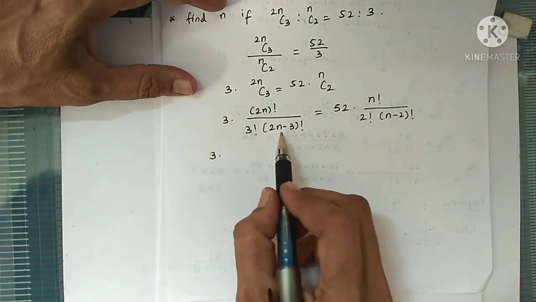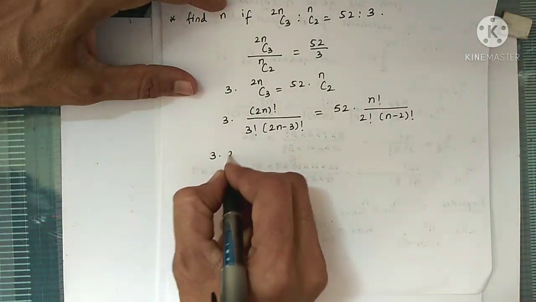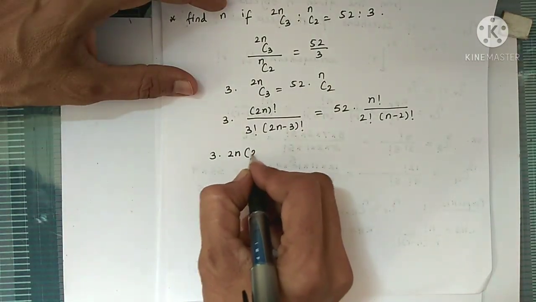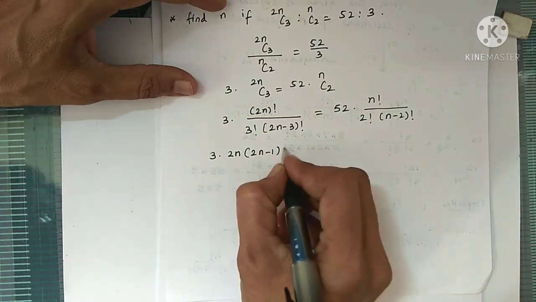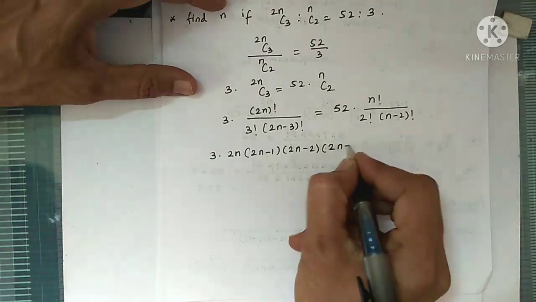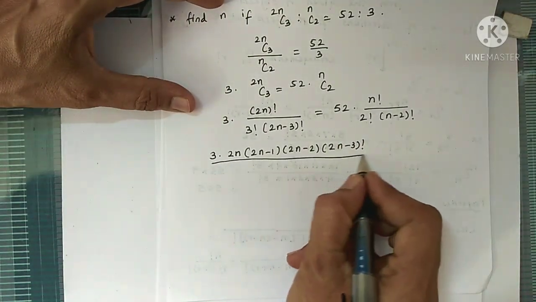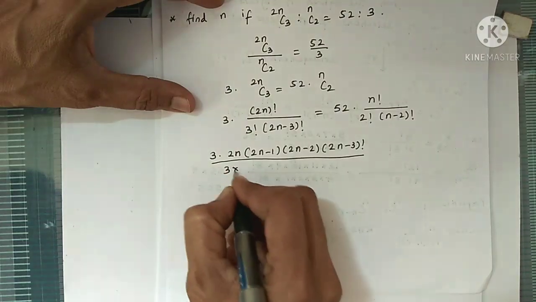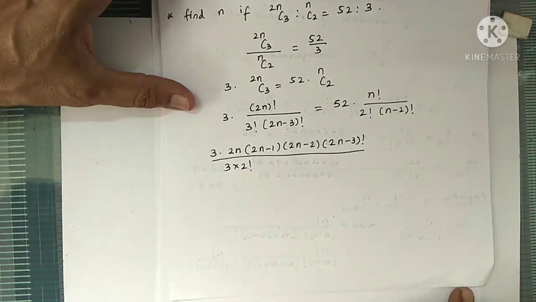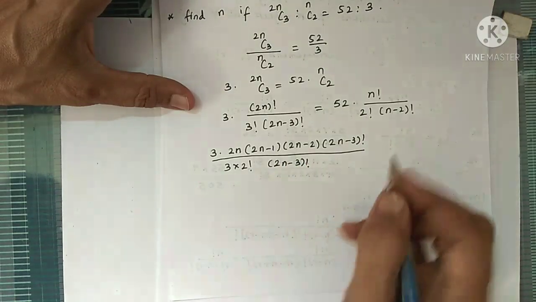But 2n factorial we can write in terms of 2n minus 3 factorial. So let's write that: 2n, then subtracting 1 we have 2n minus 1, then 2n minus 2, the next one is 2n minus 3 factorial. So we can cancel it. Now 3 factorial, we are writing it as 3 into 2 factorial, 2n minus 3 factorial as it is.